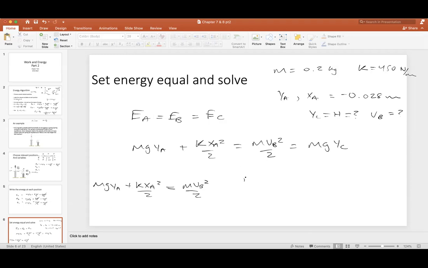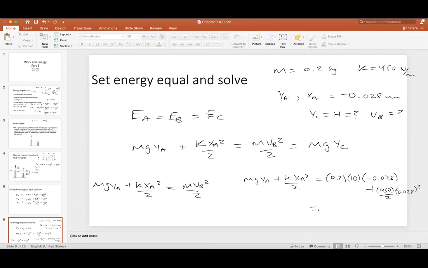Or you could do this: MGYA plus KXA squared over 2 is equal to 0.2. Again, g is 10. And YA was minus 0.028 plus 450 divided by 2 times 0.028 with a negative sign squared.